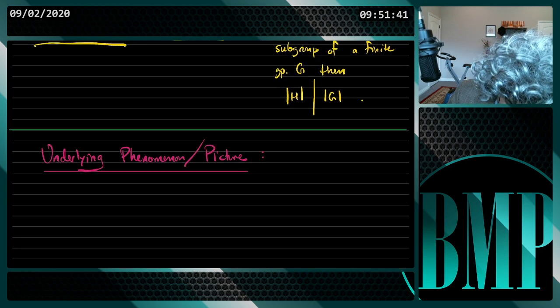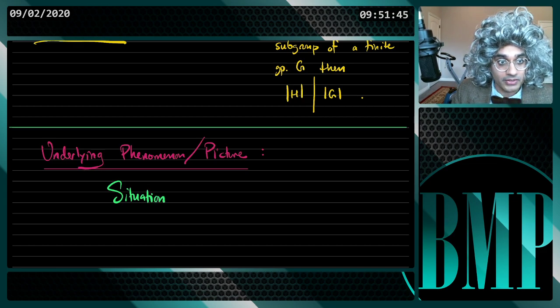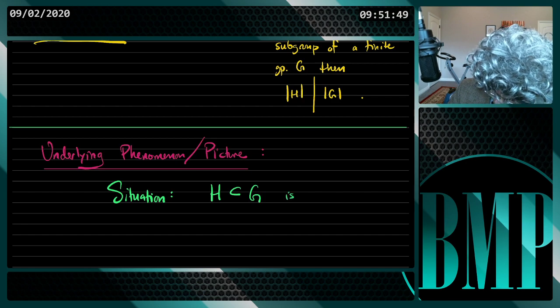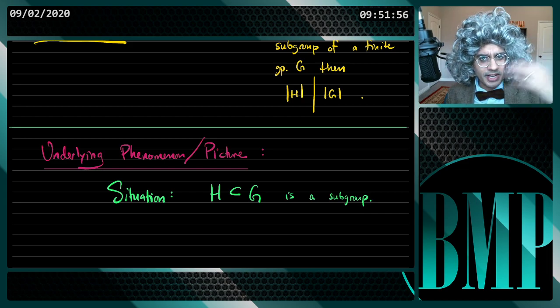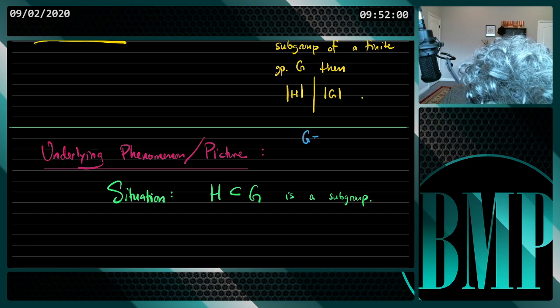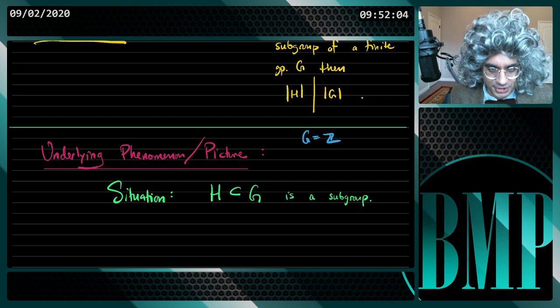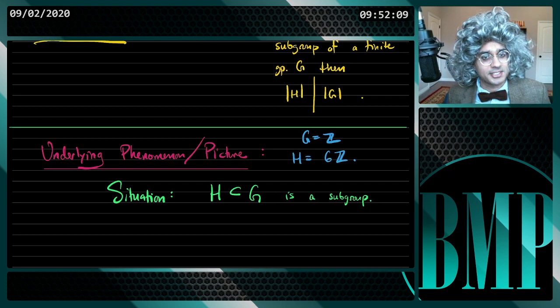Okay, so what's our situation? Our situation is we have a subgroup of a group. If you need an example, let's take a running example. So for example, G could be the integers, the infinite cyclic group, and H could be the subgroup of multiples of 6.